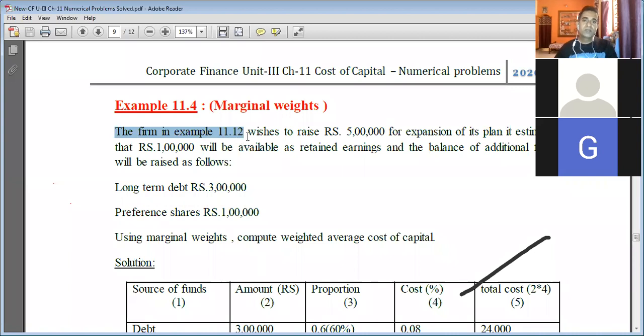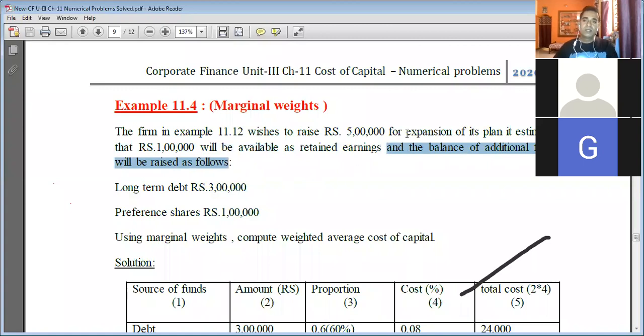The firm in example 11.12 wishes to raise 5 lakh rupees for expansion of its plant. It estimates that 1 lakh rupee will be available as retained earnings, and the balance of additional funds will be raised as below.